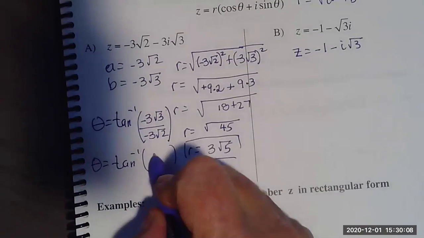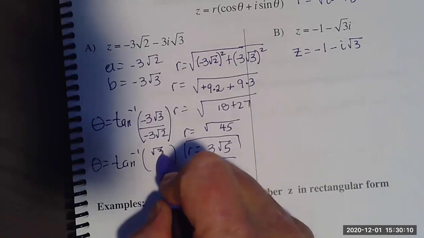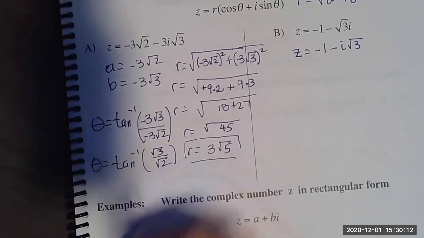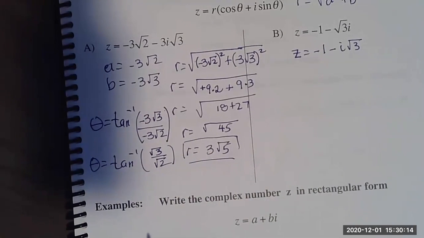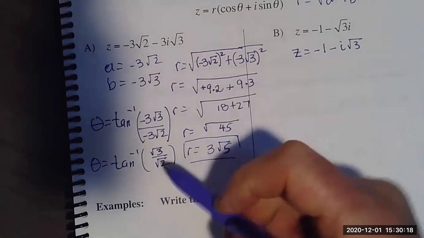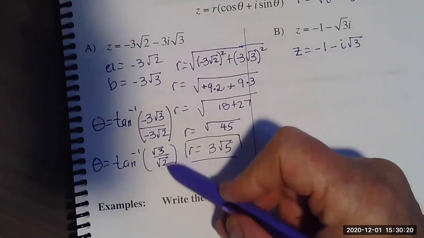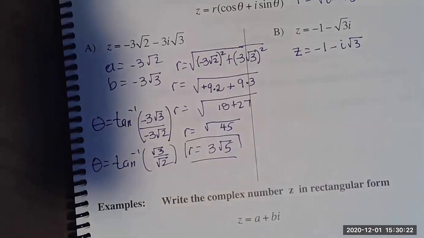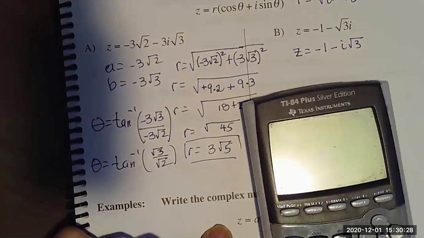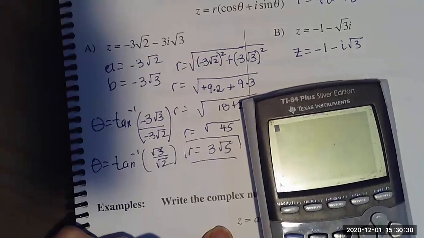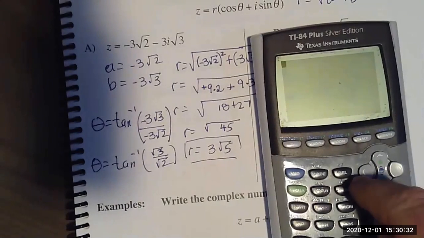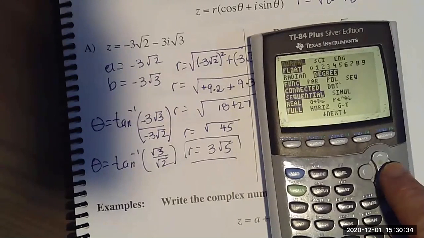Okay, fine. Yes, that could be square root of 3/2. That's the same thing. You could rationalize this if you wanted to, but I'm just looking for the angle. So I might as well just go ahead and use my calculator. Degree mode, let's check it out. I am in degree mode.